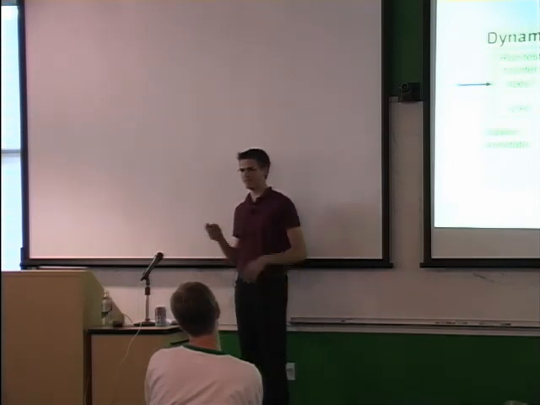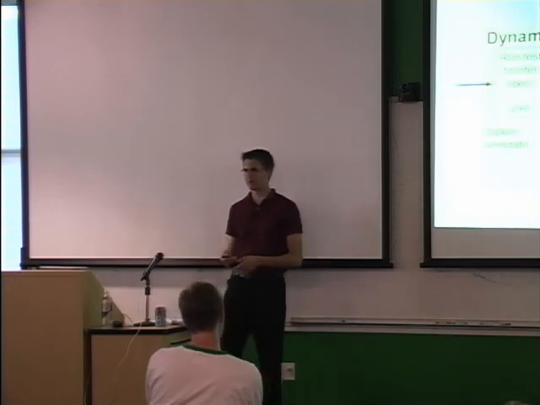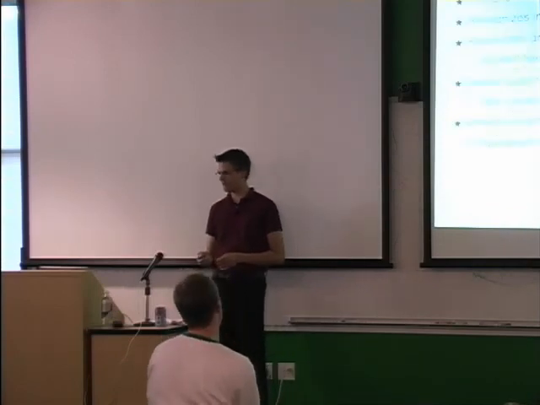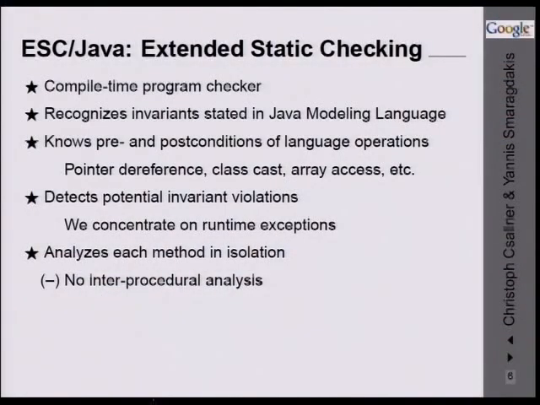Okay, so this is kind of the outline of my talk here. I'm going to talk about the different components that we're using. I'm first going to start out with ESC Java. ESC Java was originally developed at Compaq Labs. It's a research tool and is now maintained in Dublin by Professor Kiniry.